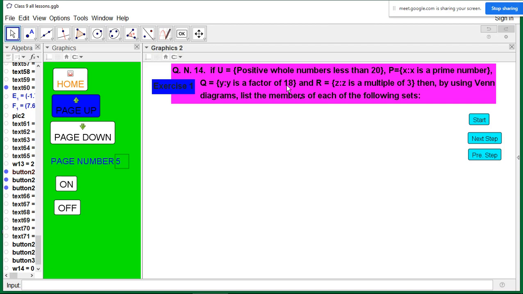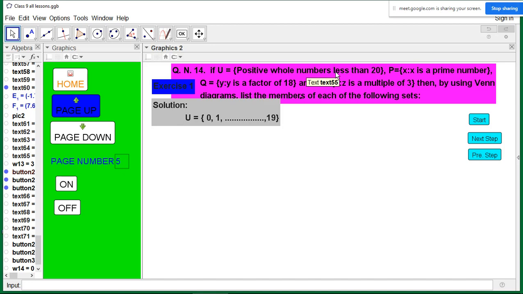Similarly, set R is Z such that Z is a multiple of 3. Can you find the multiples? It's not difficult for my students. Now moving to the solution part. Your universal set is positive whole numbers, dear students. That's why we should not forget to write 0 as well.